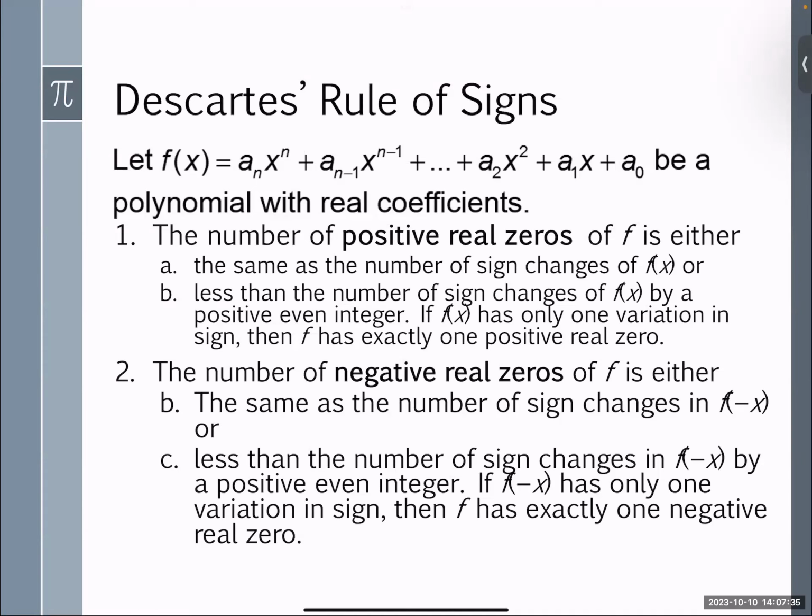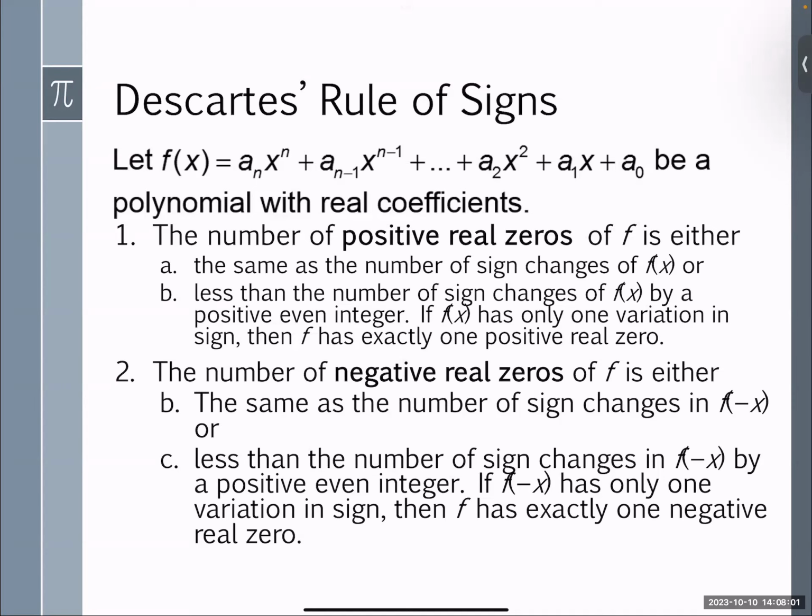What Descartes says is, if you look at a polynomial function and you count the number of times that the terms change sign from positive to negative or negative to positive, you can determine the number of positive real zeros that polynomial function has.